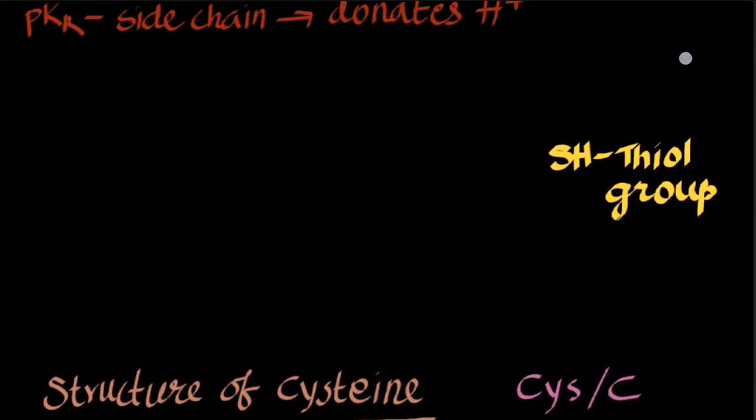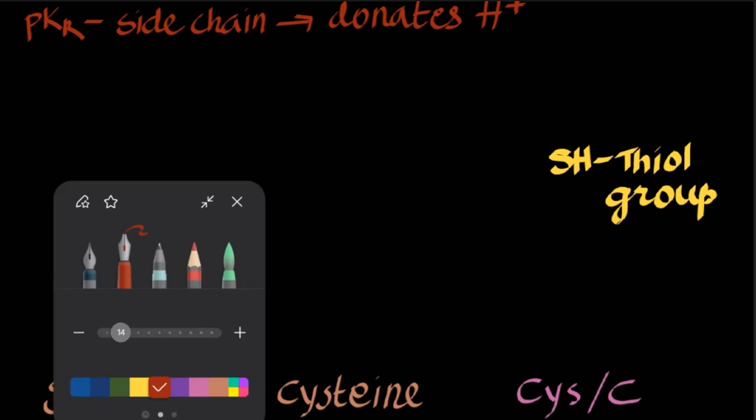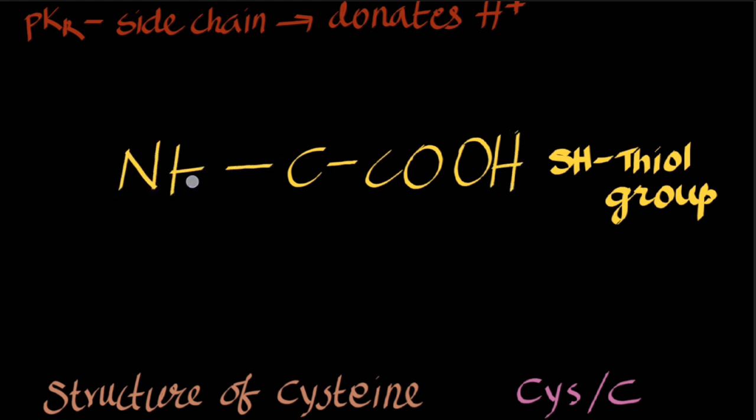Okay, so first let us make the structure of cysteine. How does a cysteine structure look? It's very simple. I'm just going to take yellow. I'm going to make the backbone of the amino acid. So this is the backbone of the amino acid. Now we'll have to add the R group.